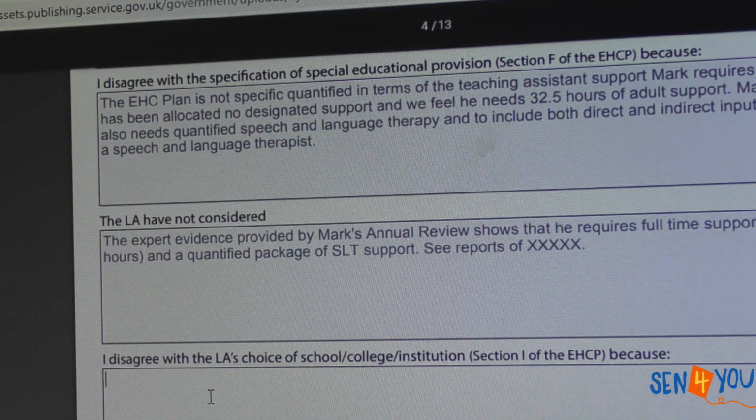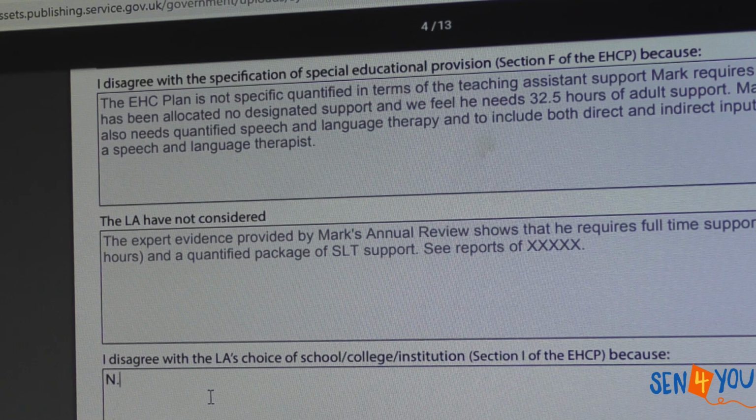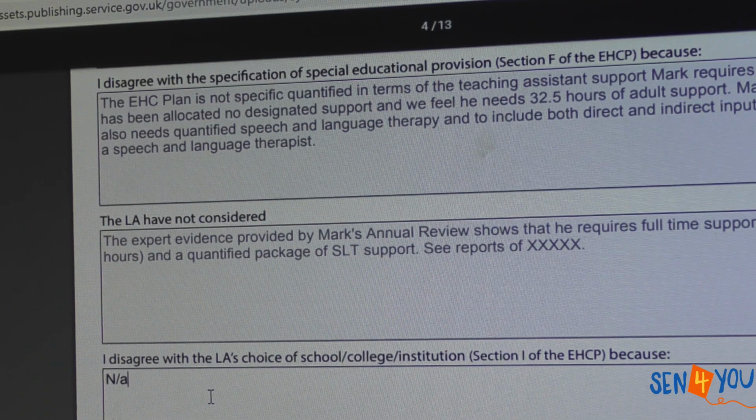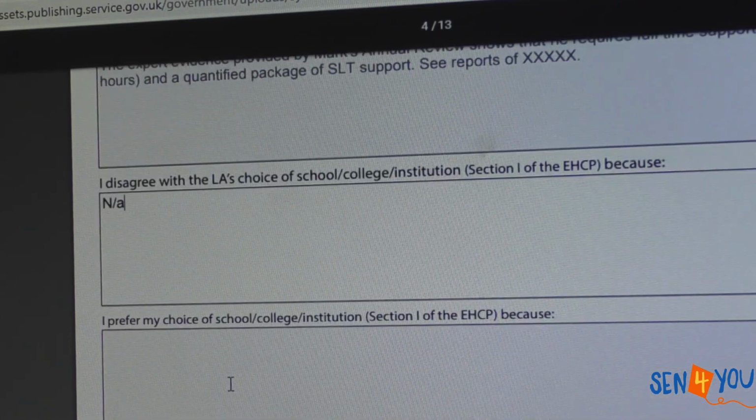So the local authority hasn't named a school, so we leave that one blank on this particular occasion, and that's the next box. And I prefer my choice of school or type.